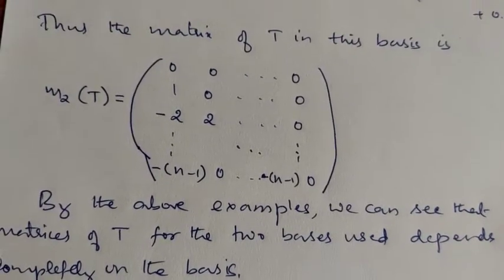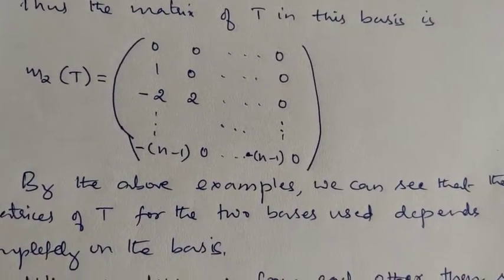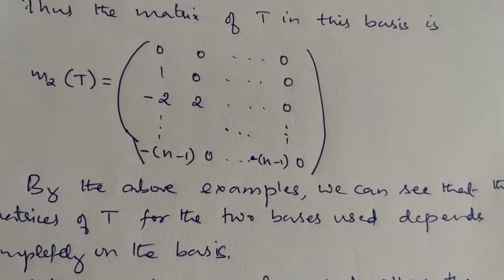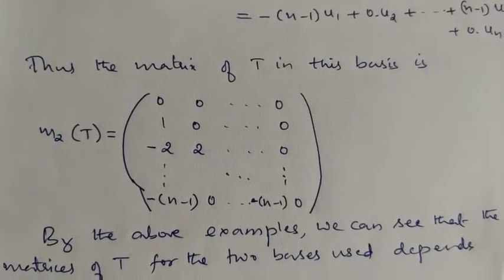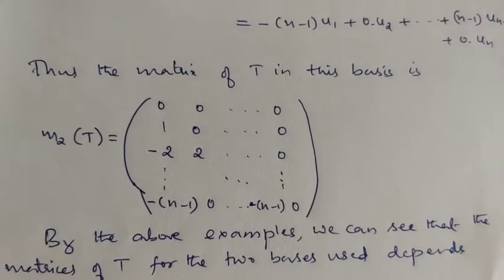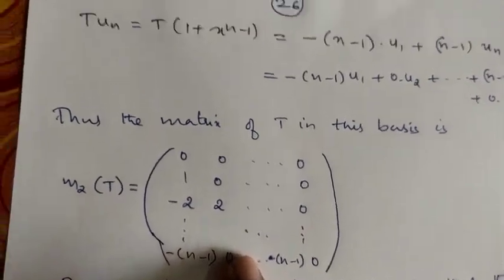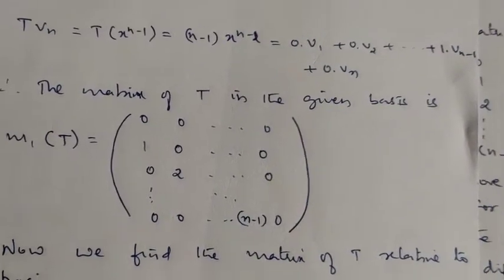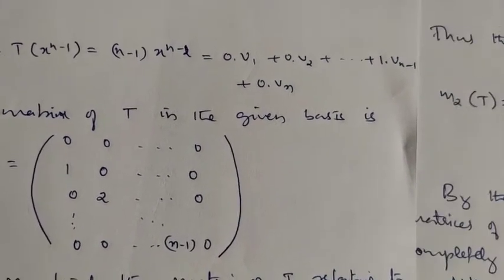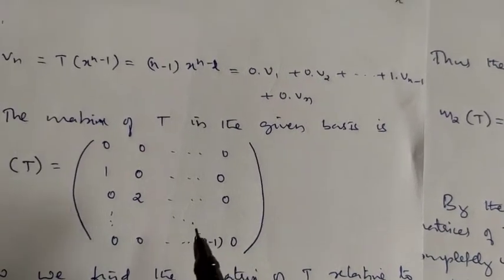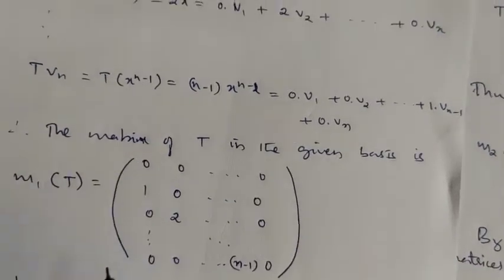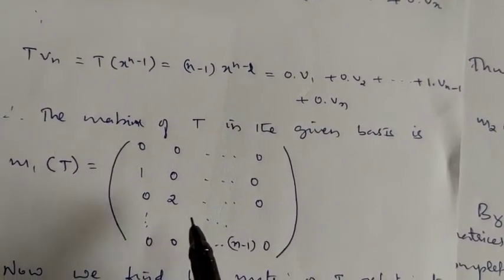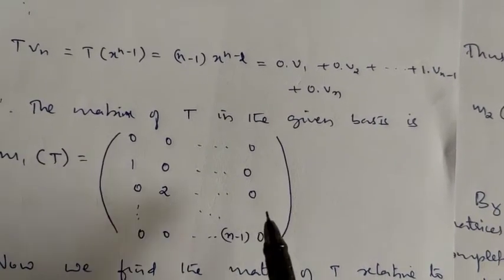So this is the matrix. Now we got two matrices for the same transformation. So if you change the basis, then the matrix of linear transformation also changes. Now you find M1 of T and M2 of T for the transformation T. Can these matrices give back the same transformation T? Yes.